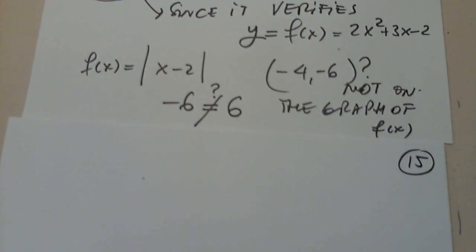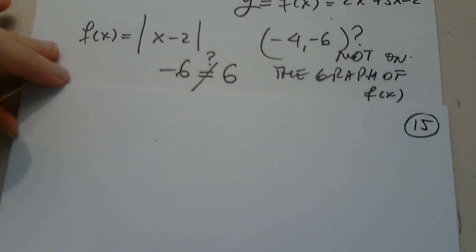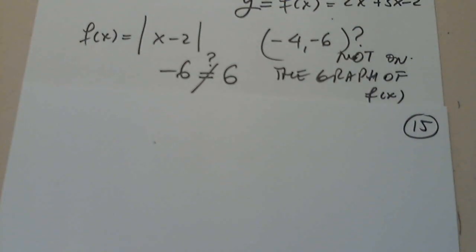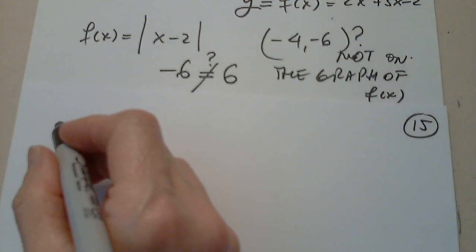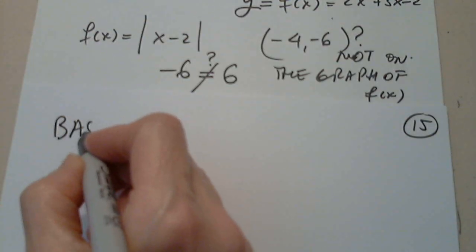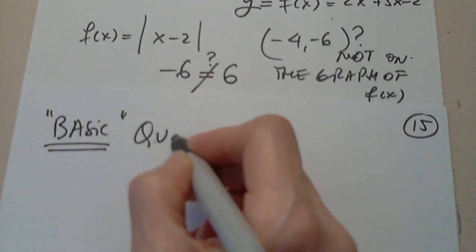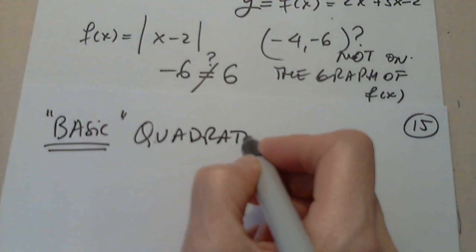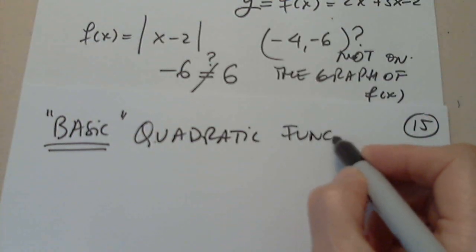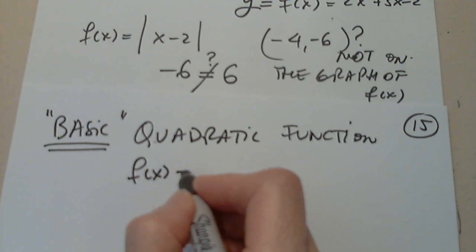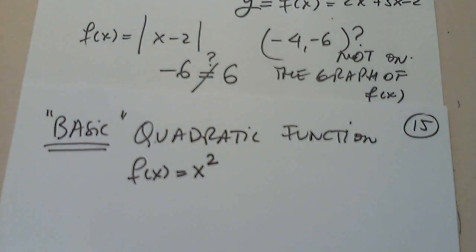Okay, so there are a few functions that we need to understand. And when you do the work, you'll see what I'm referring to. The simplest quadratic function is f of x equals x squared.